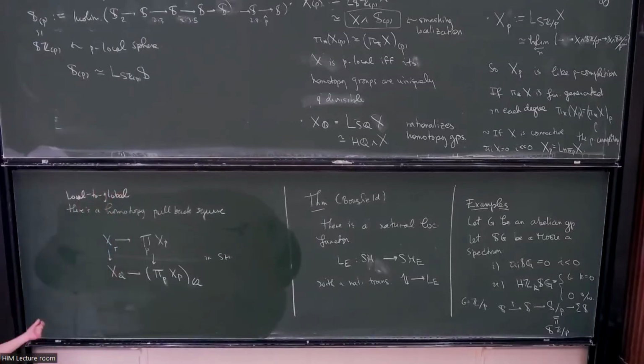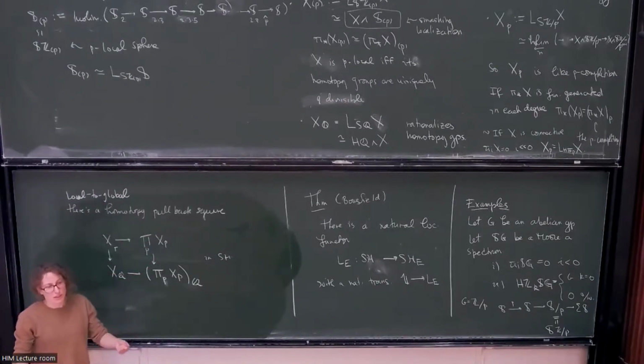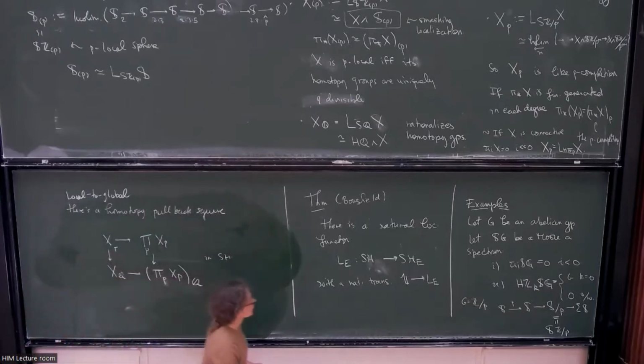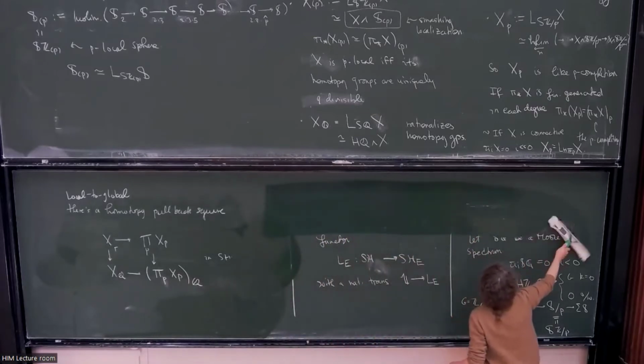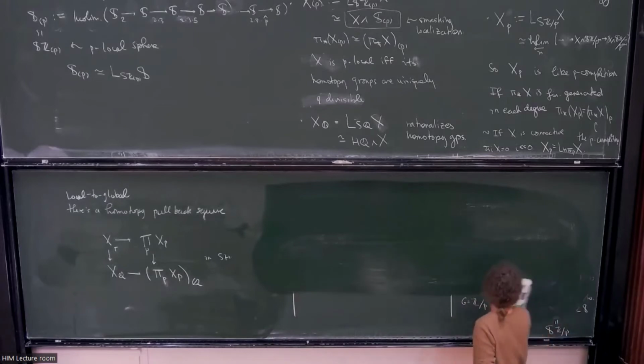Because of this, it's customary to just fix a prime and try to study, well, you think from this that you'd try to study p-complete spectra, but really we fix a prime and we study p-local spectra, and then we hope that we can put these things back together. Okay, but there are other primes, right? That was the whole point of the last lecture, to introduce the K-theories.